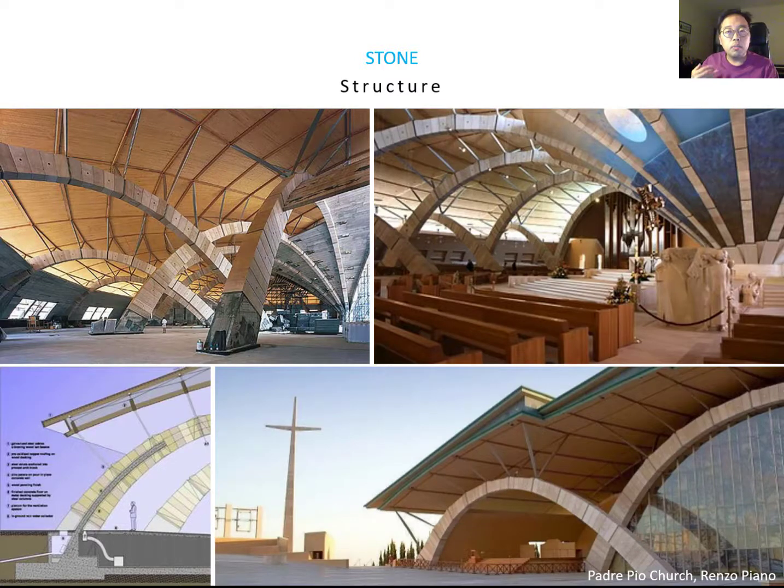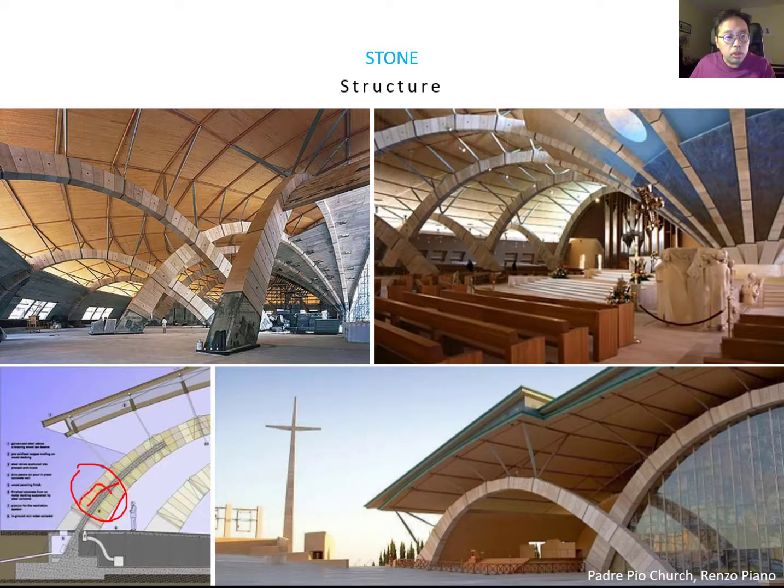It is the Padre Pio Church designed by Renzo Piano. In this project, the structural stone arch supports the roof. You can see the tapering technique because the bottom of the arch supports the heaviest load. So when you see the section here, this is tapering, and this supports more load.